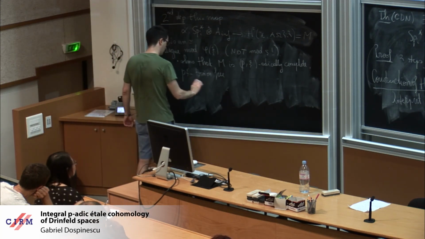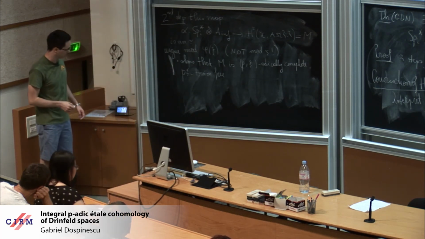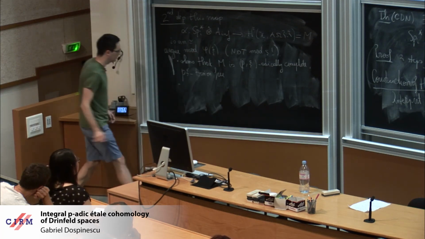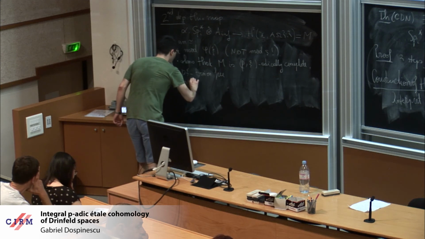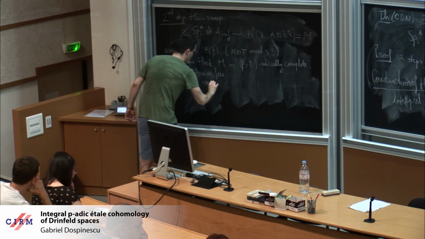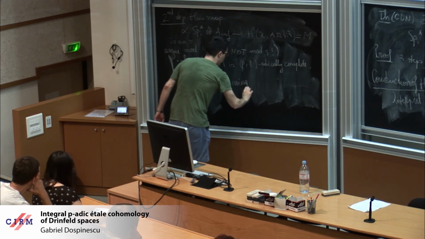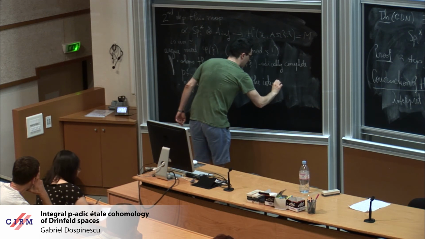So I'll come back to this in a minute because this is a little bit annoying. So let me just take it for granted. And then you can actually argue modulo φ(ψ) using the integral Hodge-Tate spectral sequence.